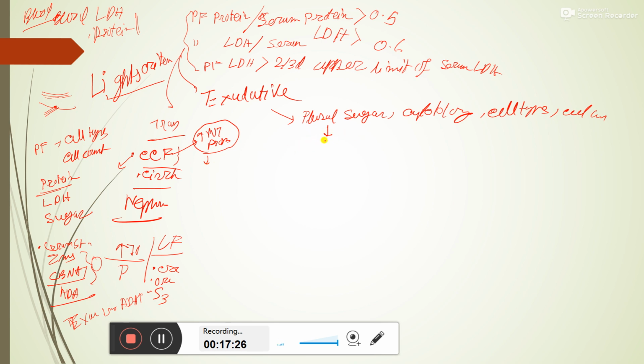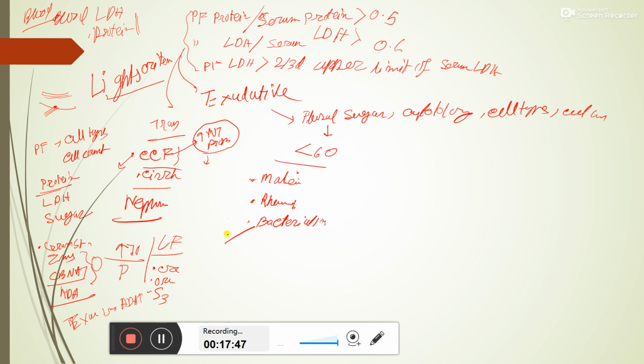Then we will check the pleural fluid sugar. If the glucose is less than 60, there are some causes: there may be malignancy, rheumatoid factor, or bacterial infection.